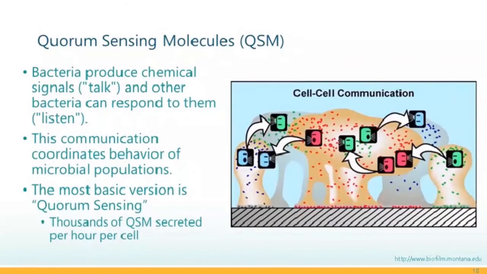So how are we able to do this so quickly? What we're using are what's known as quorum sensing molecules, or QSMs. And these molecules are secreted by all living organisms, including bacteria. They basically use these molecules as a communication platform.